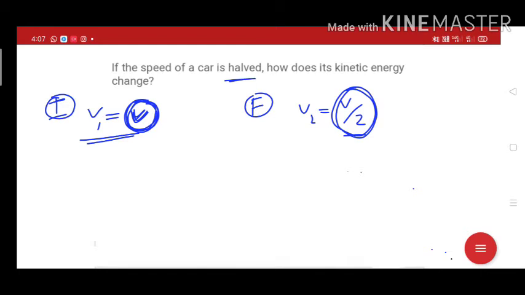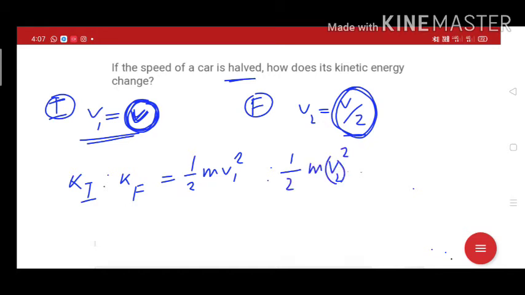Then they are asking what will be the change in the kinetic energy. So the initial kinetic energy is to the final kinetic energy is going to be half m v1 square is to half m v2 square. Okay, put them in bracket for better understanding.